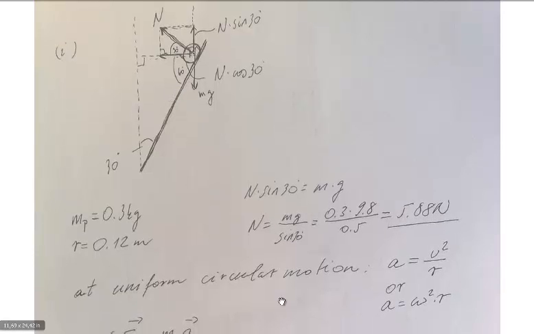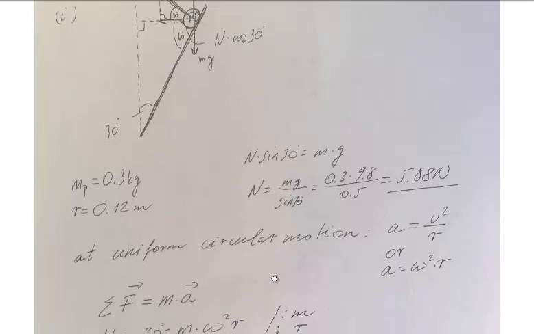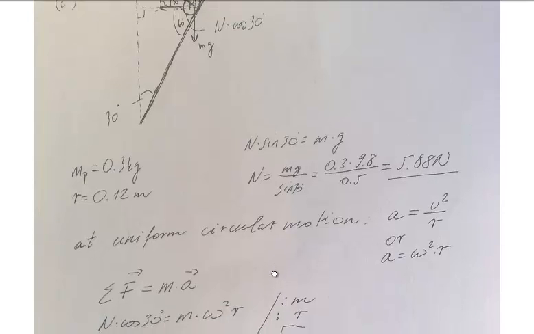In uniform circular motion, acceleration is equal to velocity squared over radius, or angular speed squared times radius. And we can apply Newton's law.